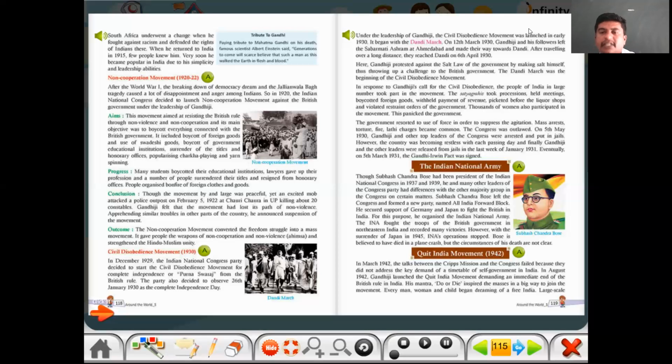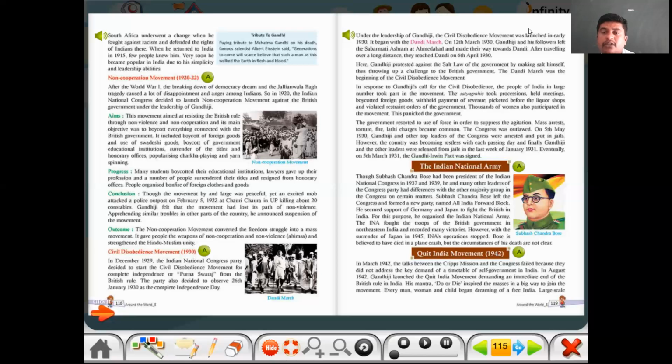However, with the surrender of Japan in 1945, INA's operation stopped. Until then, with the great support of Japan, the INA achieved huge victories. But when Japan surrendered in 1945, after the Second World War, the functions of the INA completely stopped.